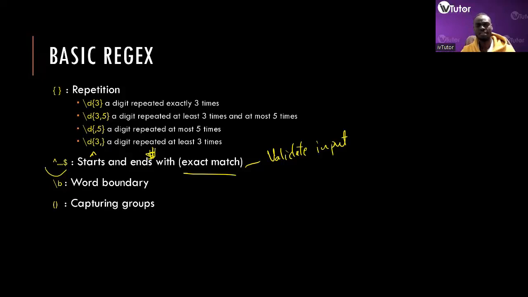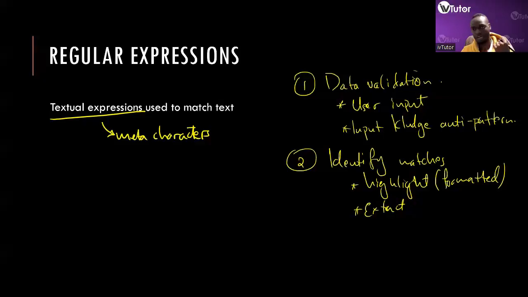But if you're searching for text, like I said before, we've got 2 main uses of regular expressions in our studies. Number 1, we're going to be using it for data validation. Number 2, to identify matches. When we are trying to identify matches, we are less likely to use starts with and ends with, because we are going inside a body of text and extracting matches, right?